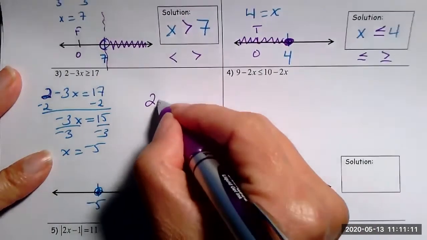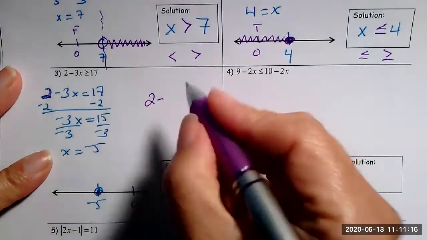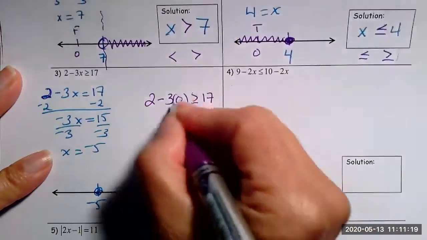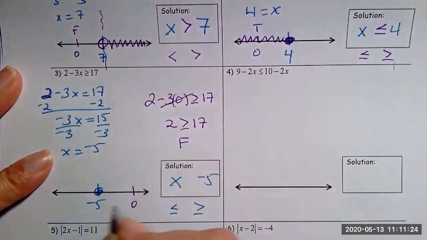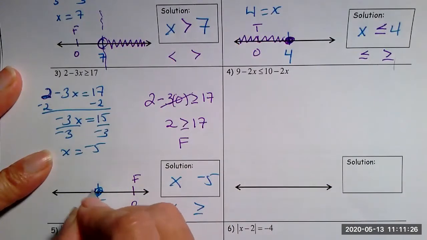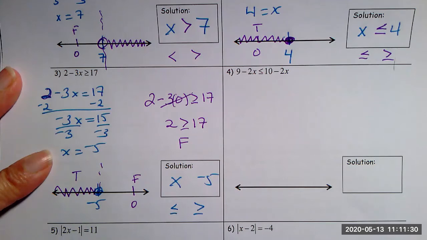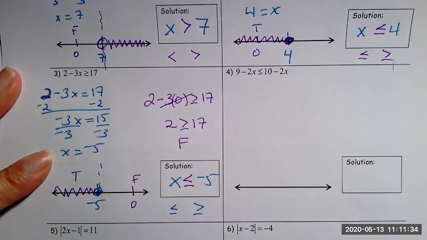So I've got to plug in 0. Now, don't forget, 0 is on this side of negative 5, so just be real careful with that. This goes away. So is 2 greater than or equal to 17? No, it's not. So I'm going to shade this way, because if that side's false, this side must be true. Right? So since I shaded in that direction, I'm looking at all my values that are less than negative 5.